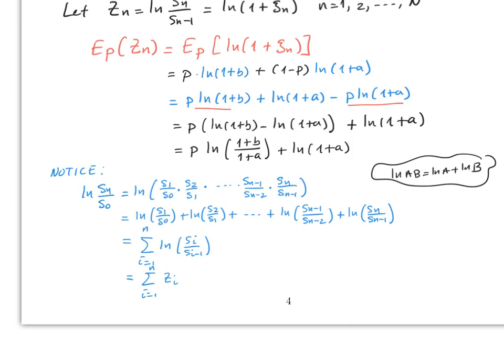The next thing we have to do is take the expected value on both sides. So we'll do that on the next page. Okay, so the expected value of the log returns of S_n over S_0 is equal to the expected value of the sum from i equals 1 to n of Z_i. Therefore, you can interchange the sum with the expected value.